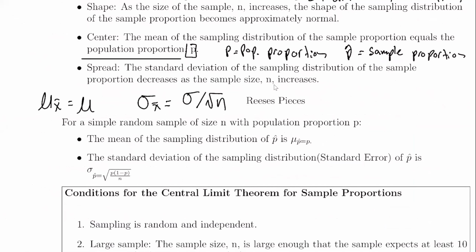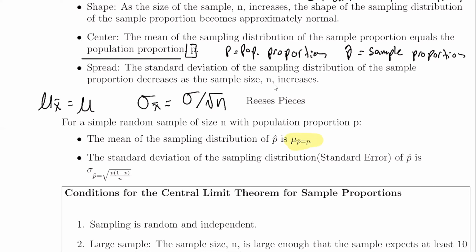We're going to have a mu and a sigma, but instead of mu of x bar, it's going to be mu of p hat. So mu of p hat is equal to the population proportion. If I ask you for mu of p hat, I'm just asking for the population proportion, which is equal to p.